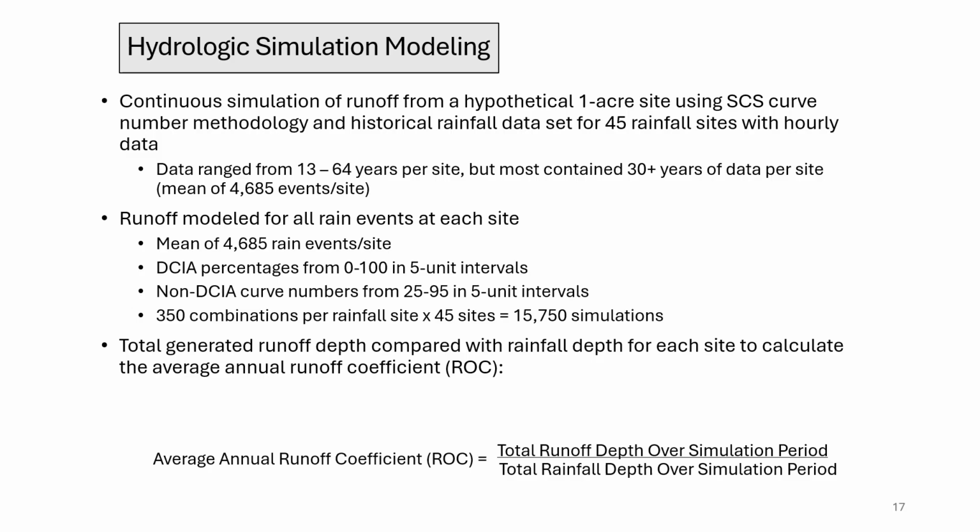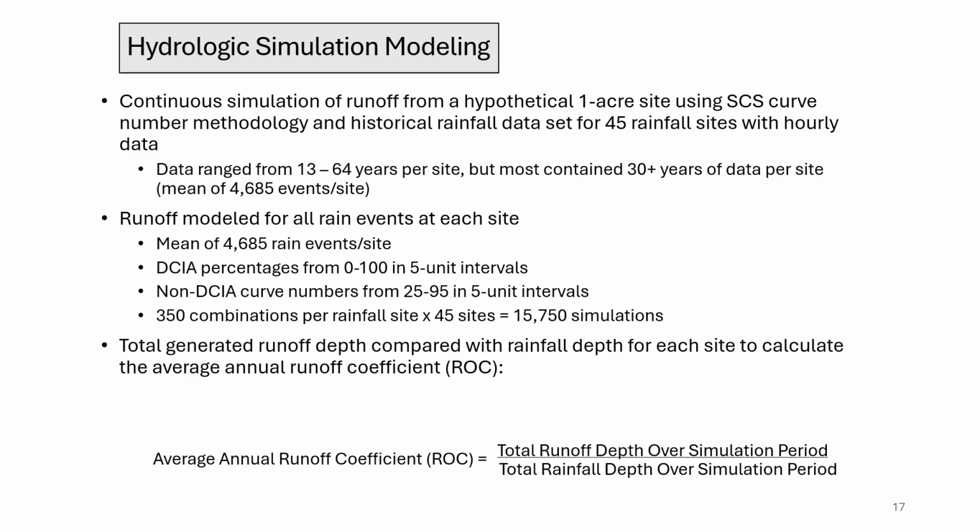These sites offered varying lengths of records, ranging from 13 to 64 years, though most contained 30 or more years of reliable hourly rainfall data. This resulted in a substantial number of events, with an average of 4,685 individual rain events modeled per site. Runoff was meticulously calculated for every single one of these rain events at each location.